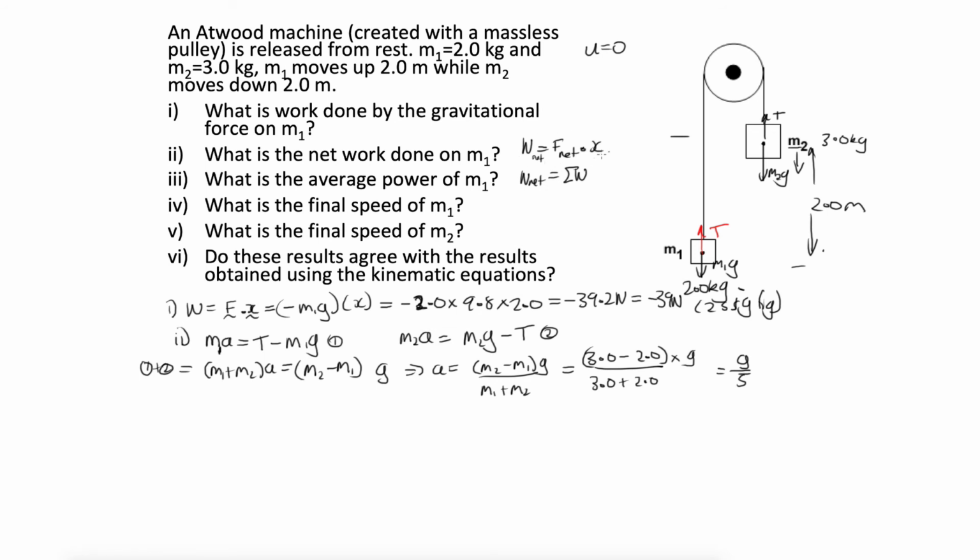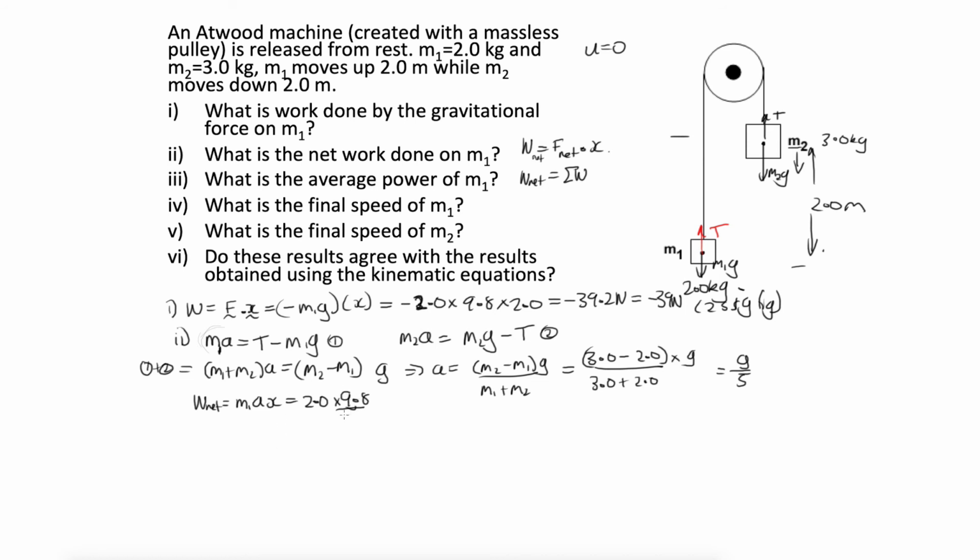So let's use this first method to calculate the net work. The net work is equal to the net force, which is this one, on M1. So that's equal to M1A times the distance that it goes through, which we can evaluate as 2 times G over 5, and instead of writing G, I'll substitute in my value now, 9.8.